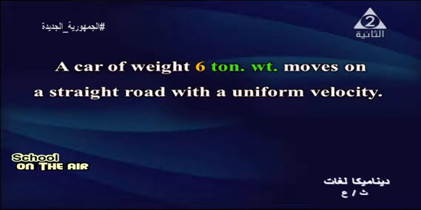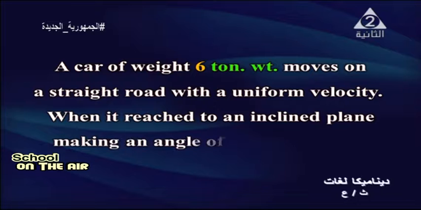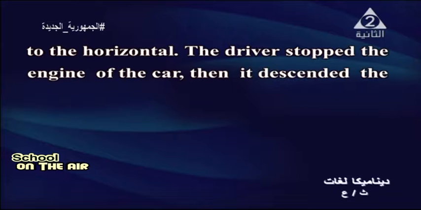Another question. A car of weight 6 ton weight moves on a straight road with a uniform velocity. When it reached an inclined plane, making an angle of sine 1 over 50 to the horizontal, the driver stopped the engine of the car.